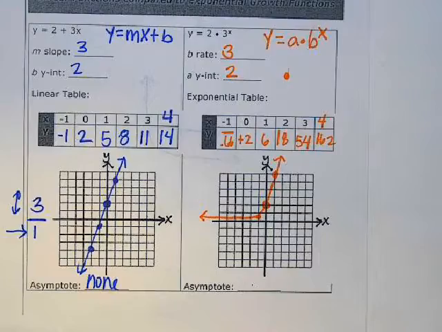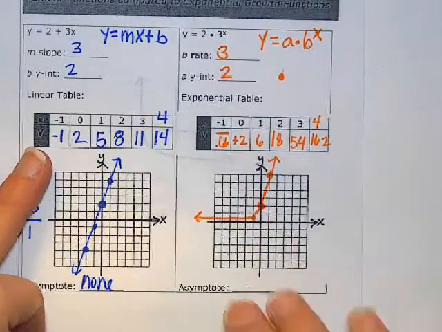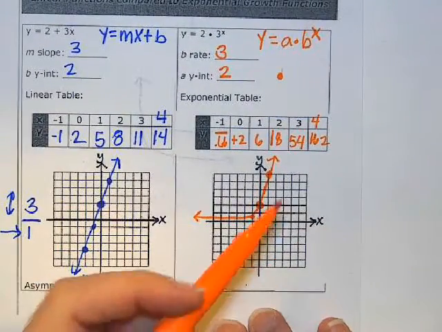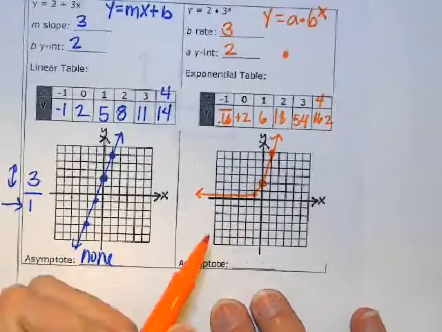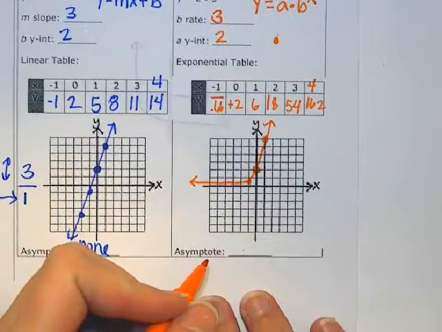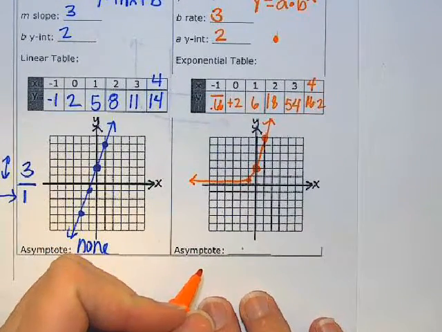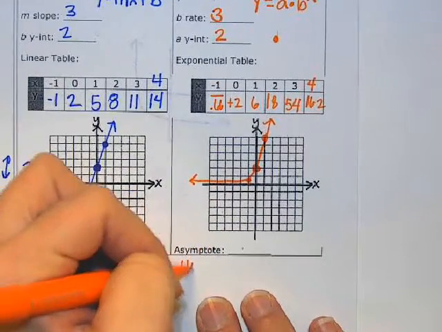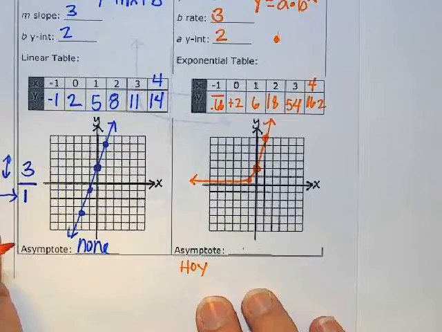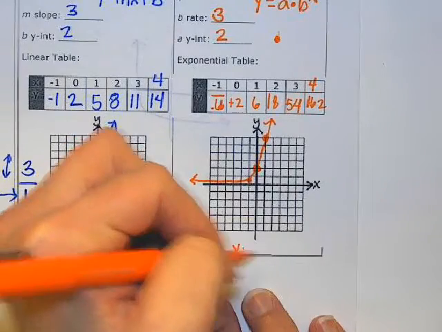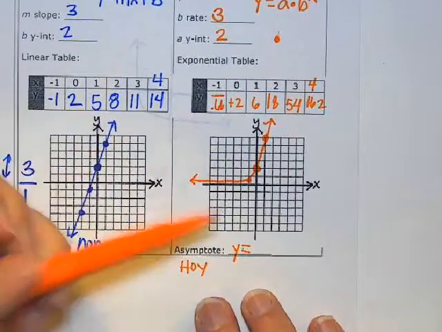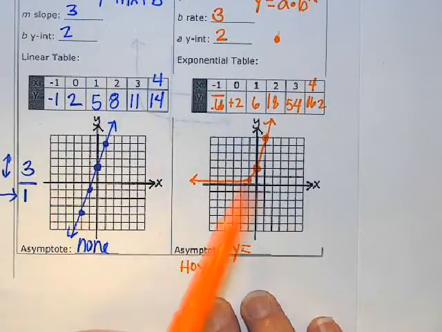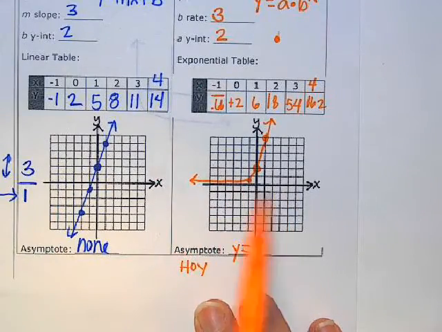Okay, now let me show you. The x-axis, all right? Asymptote, which way does asymptote have to go? Horizontal. So it's really like a HOY problem. And I'm going to write the asymptote as y equals. Well, what number on the y-axis is this a line approaching but never touching?